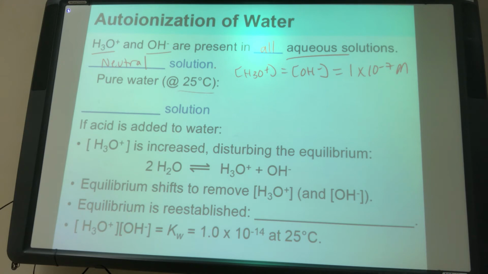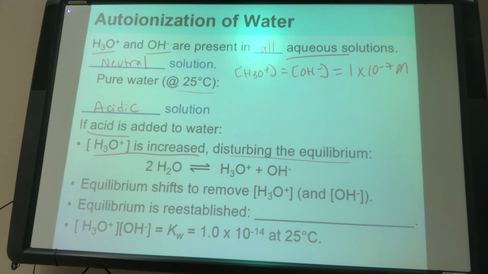Now let's talk about if I have an acidic solution. So say I add an acid, like some HCl or something. If I add acid, now I have more of my acid ion. So this is going to mess up my equilibrium, and my equilibrium is going to shift to remove the H3O+.